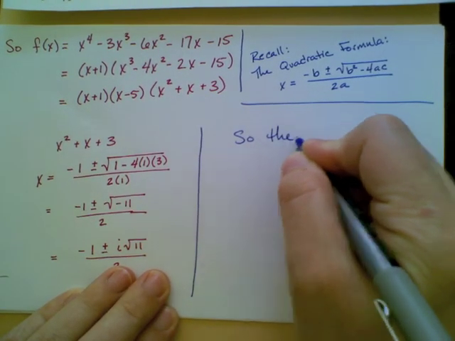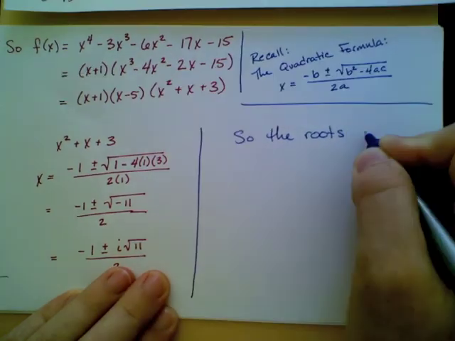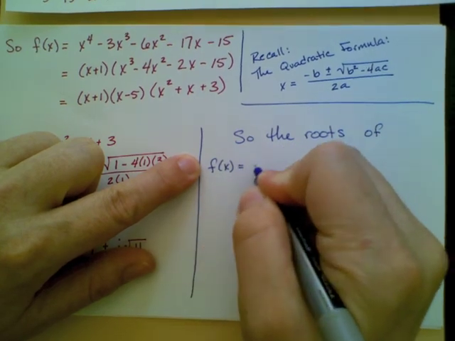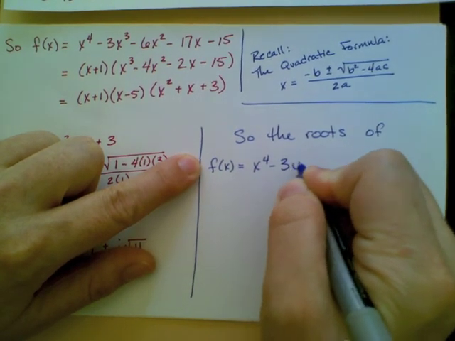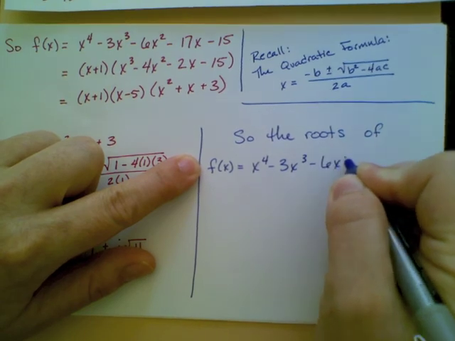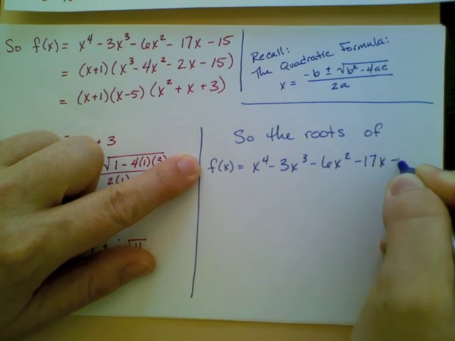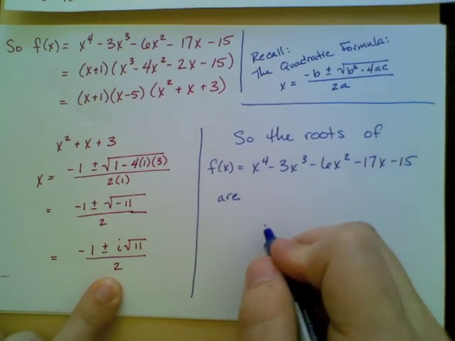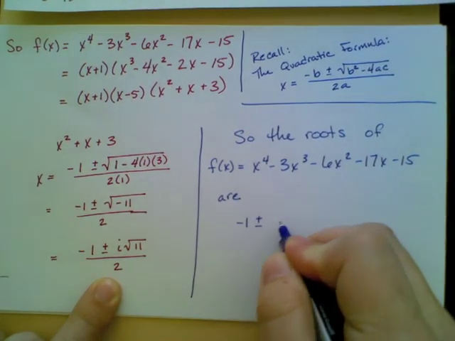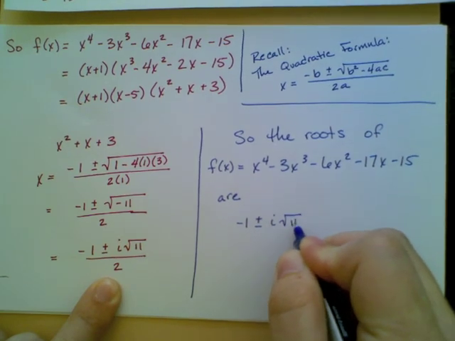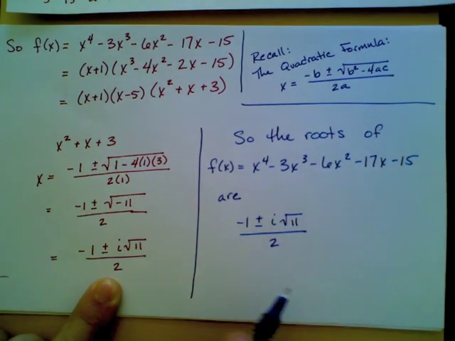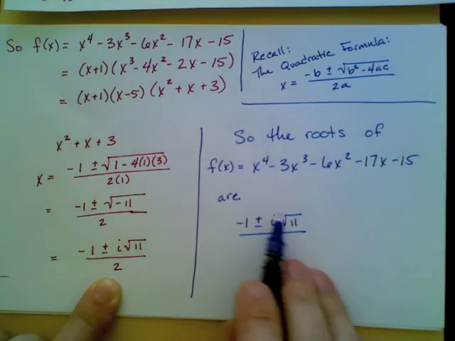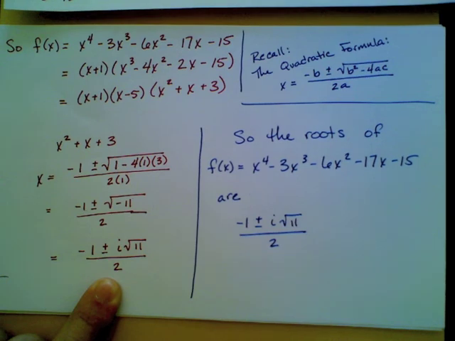So the roots of f of x equals x to the 4th minus 3x cubed minus 6x squared minus 17x minus 15 are, we've got these roots here, -1 plus or minus i times the square root of 11 over 2. Notice that this has a plus or minus in it, so this is two different roots, just written in this nice compact form.